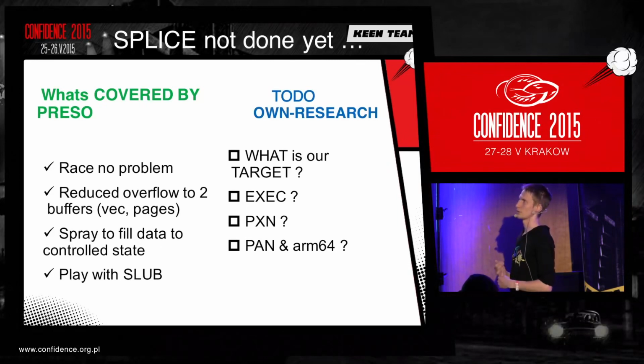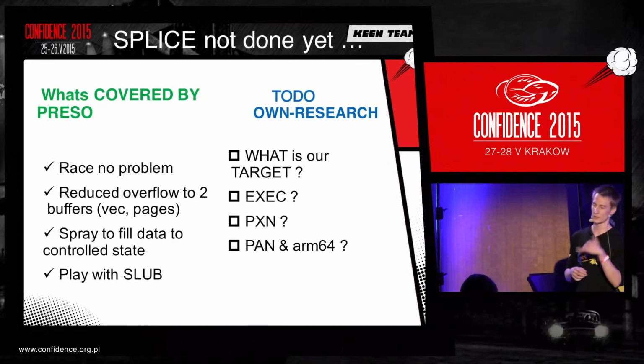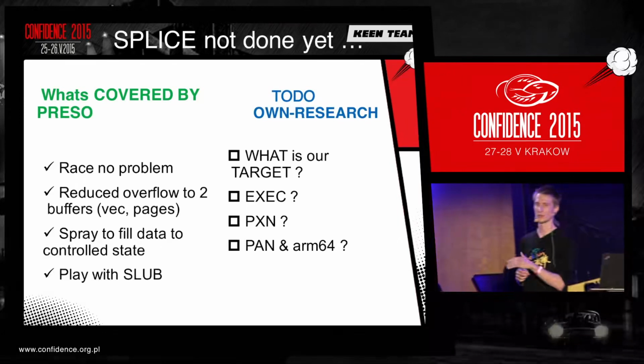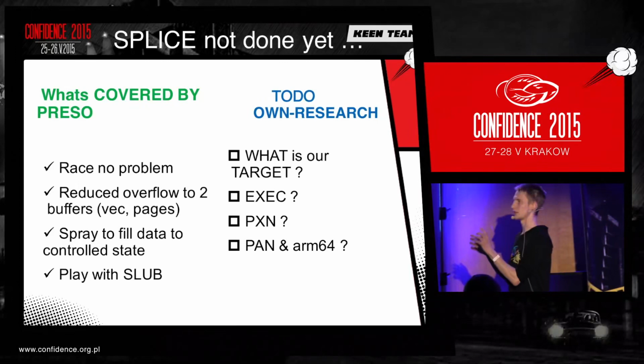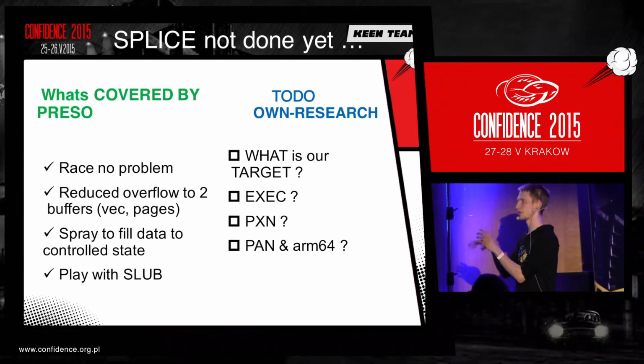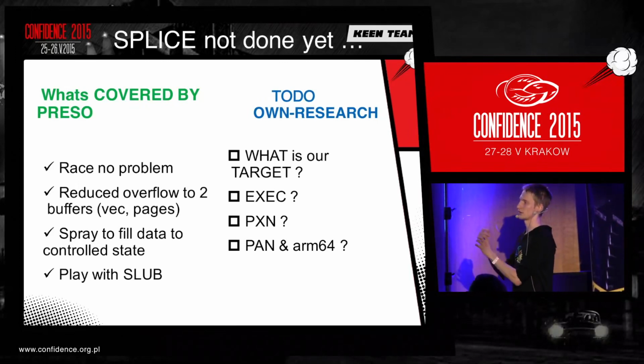For example, last year there was a TTY vulnerability in TTY buffers, and it used a good technique: it overflowed into the TTY buffer structure, which introduced a lot of function pointers. But on the other side, it also includes some magic, and when you override this magic, it will panic.